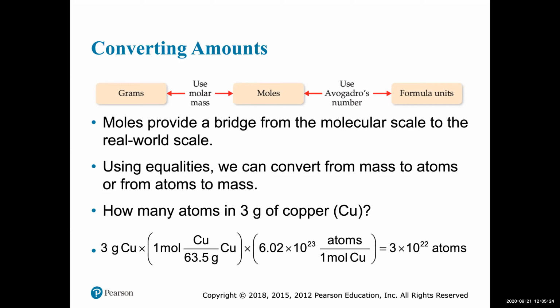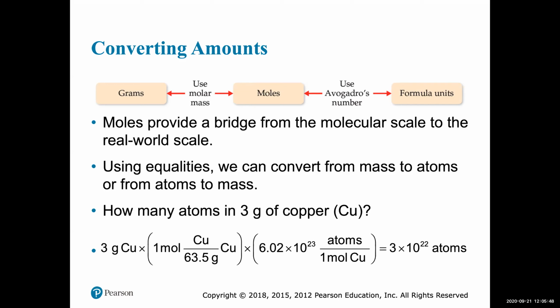Yep, that's copper's atomic weight. So we could get that from the periodic table or some other list of atomic weights. If it was a different element, then we'd have to look up what that atomic weight was and use that.